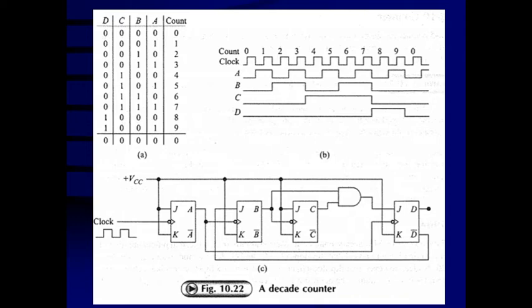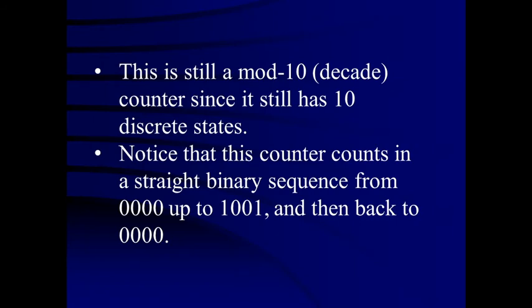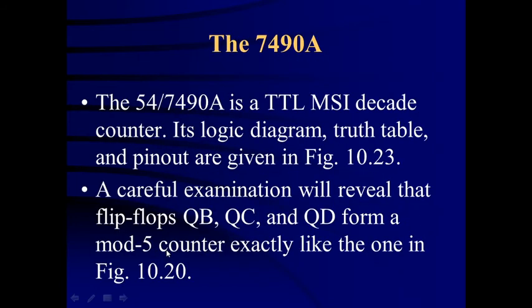So it is working as a decade counter or modulus of 10 counter. Notice that this counter counts in a strict binary sequence from 0, 0, 0, 0 up to 1, 0, 0, 1 and then back to 0, 0, 0, 0.